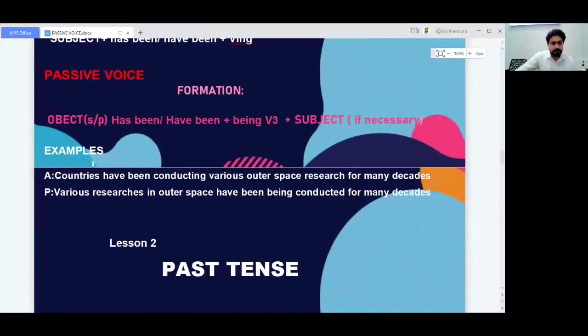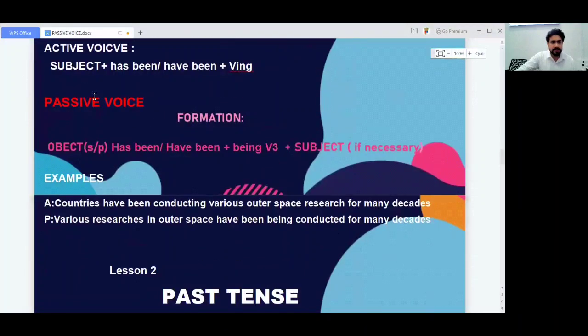Now, what is the equation in this active form? Subject plus has been or have been plus the ing form of the verb. If the subject is singular, you have has been, and if the subject is plural, you have have been plus the ing form of the verb. All right? So that is the active form. Now let's move on to the passive voice.